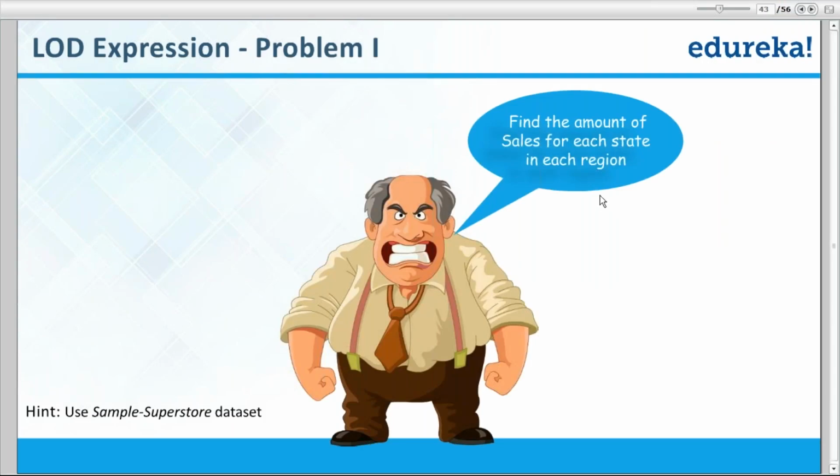Find the amount of sales for each state within each region. So find the amount of sales for each state in each region. So how would you normally do this calculation? Can someone tell me, how would you do that?